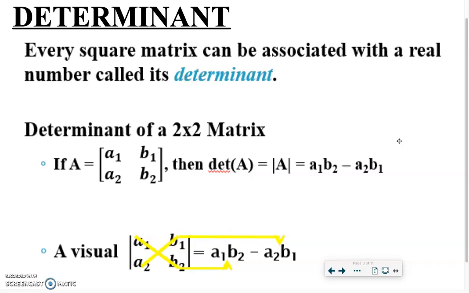The determinant is going to help us determine a lot of things moving forward. So the reason for section 8.4 is that it's a more manageable day: let's just figure out how to calculate these determinants.